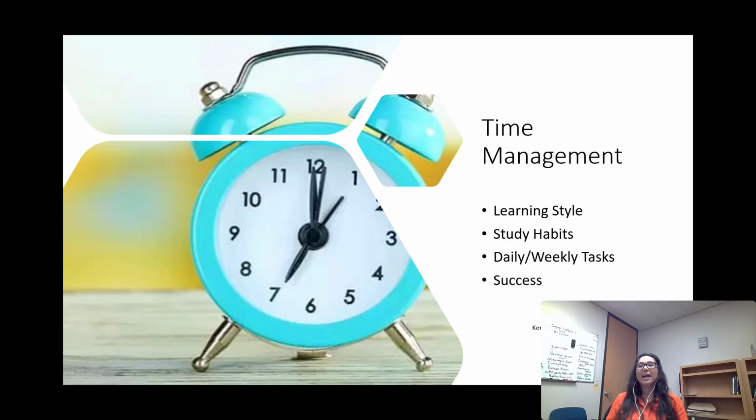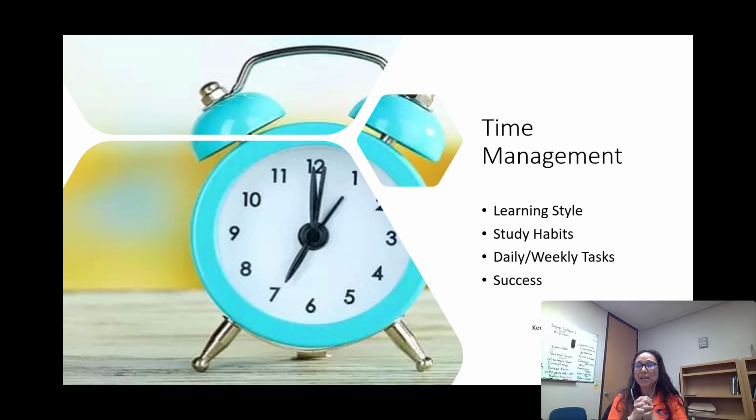As you go through this program, you're going to learn that time management is going to be your friend. With all those competing entities for your time, you need organization, you need to know your personal learning style, and you need to follow the direction that works for you, with daily and weekly tasks set up.